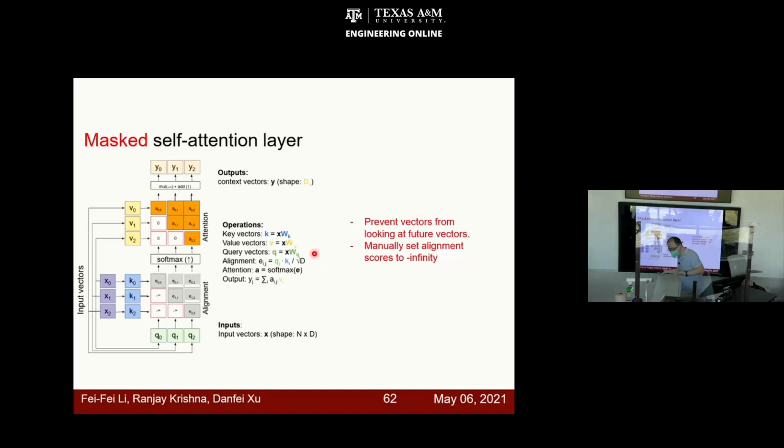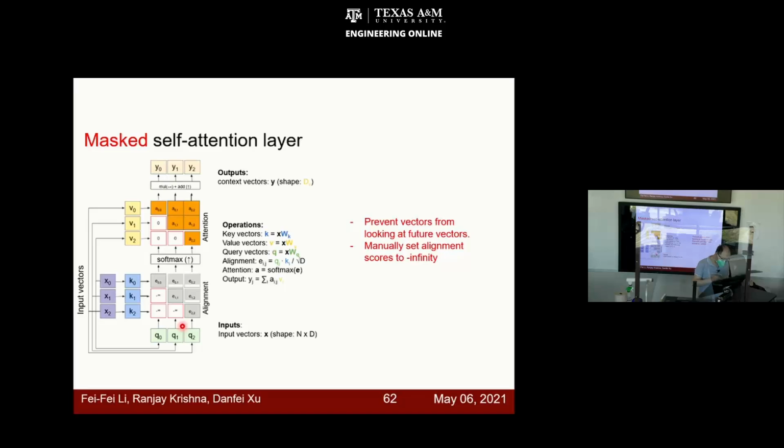One way is you can include the order here, positional encoding from the input. Another thing to enforce the order is to constrain somehow this alignment function or the alignment scores.